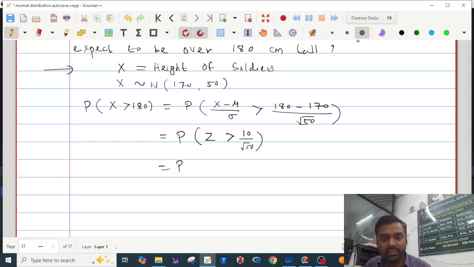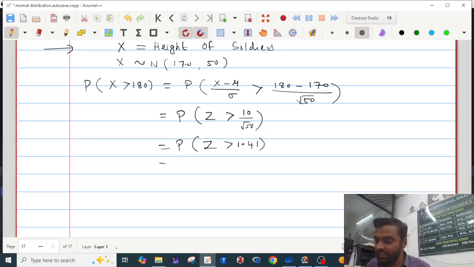So if you solve this, this is the probability of z greater than 1.41. You can easily see this value from the statistical table, and it is 0.0797. So this is the probability.